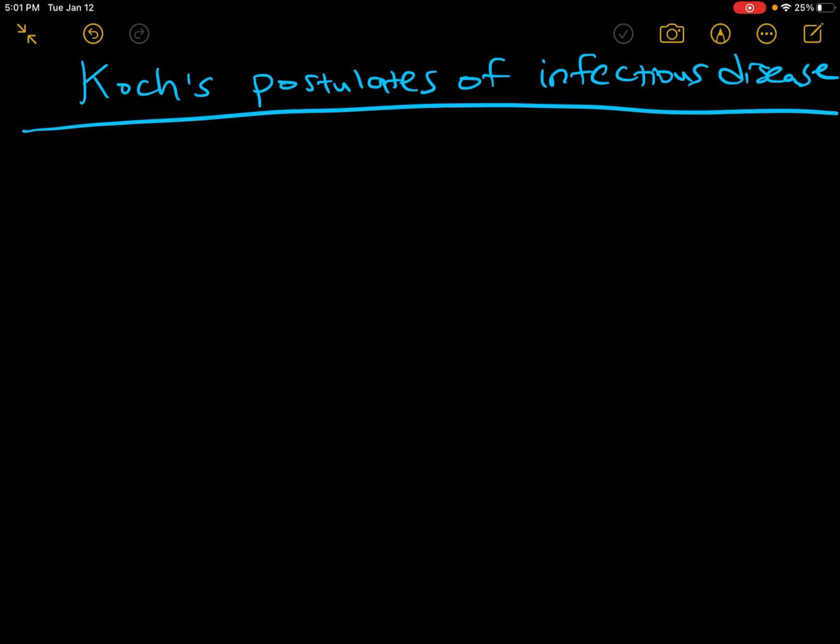Another important scientist in the 1800s was Koch, and Koch was someone who identified many causative agents of disease, and he developed a system which we refer to as Koch's postulates of infectious disease.